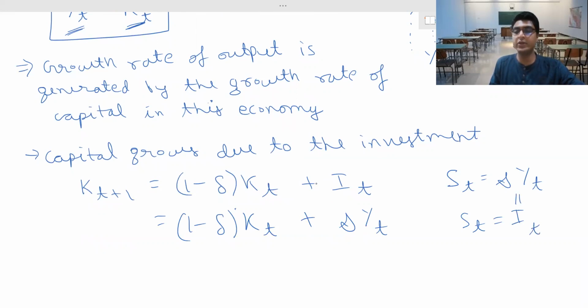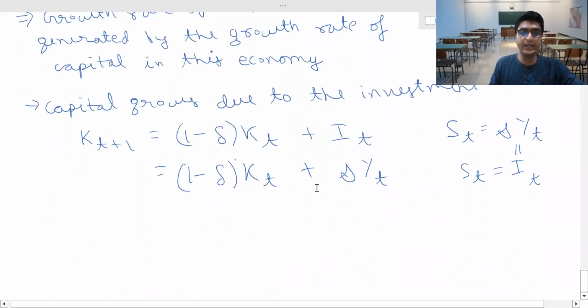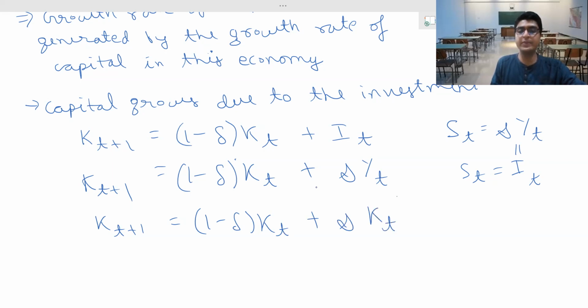So investment is equal to sY_t. Okay, and Y_t हम calculate कर चुके हैं. It is equal to K_t to the power half. So ultimately, the capital accumulation equation is equal to undepreciated capital plus saving rate into K_t to the power half.